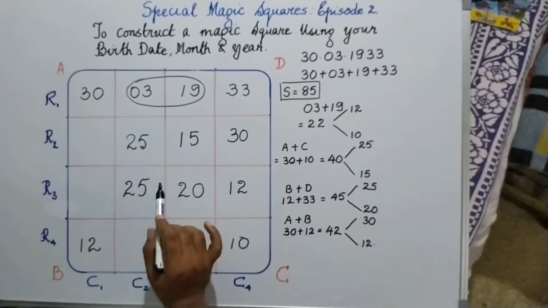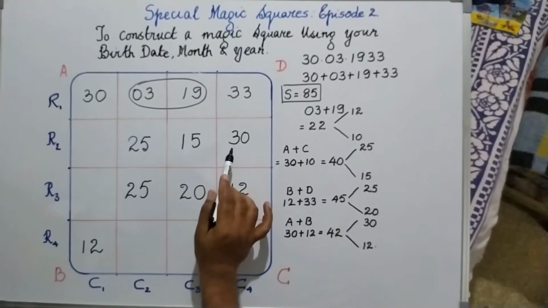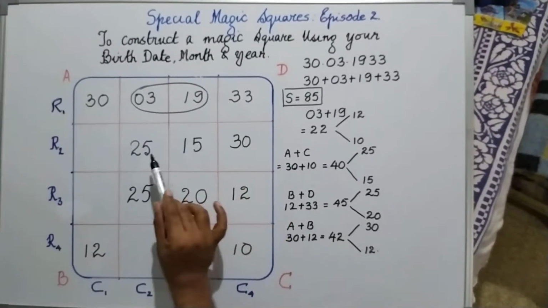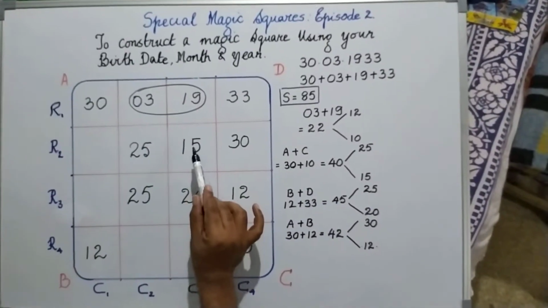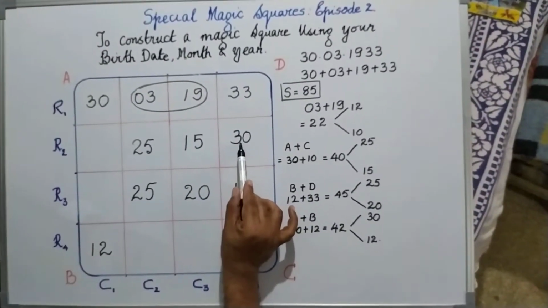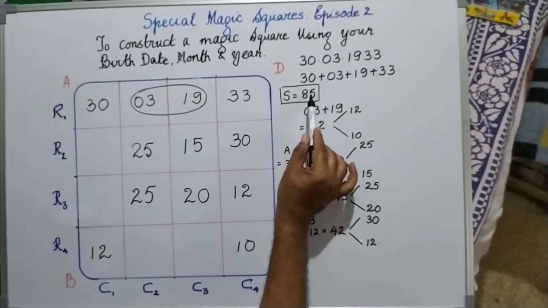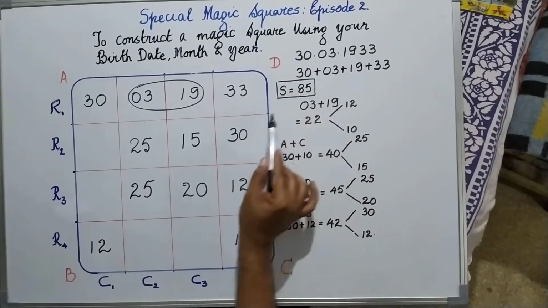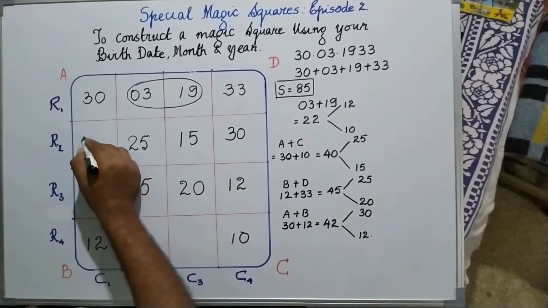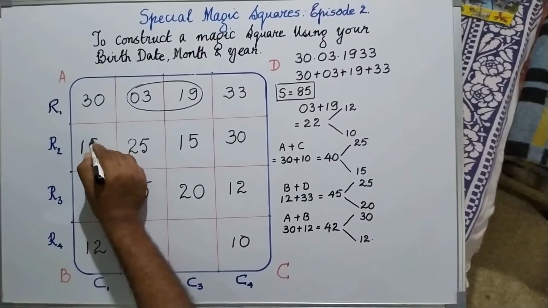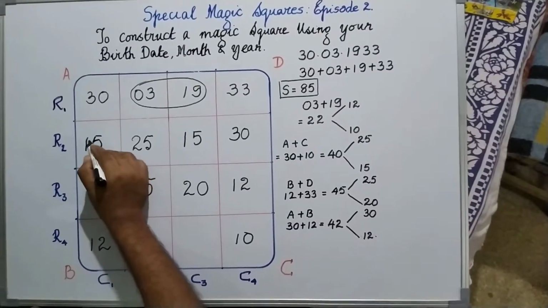In the second row, 3 grids are filled up. I'll add that. 25 and 15 is 40. 40 and 30 is 70. The magic sum is 85. From 85, if I subtract 70, I will get 15. So I'll fill 15 in the first grid of the second row.